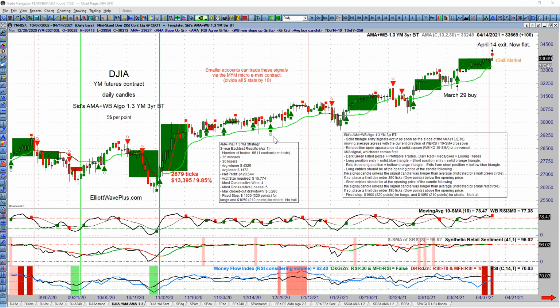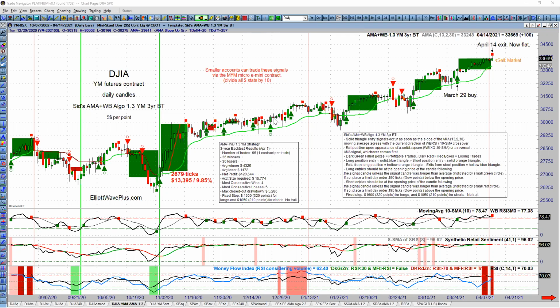This one, see that little circle right there? That was a long signal, but it's called a limit buy. And on limit buys, if you see one of those little circles right there, that means on the next day, wait for a pullback if you're going long of 190 ticks. Well, in this item, that is 190 Dow points.